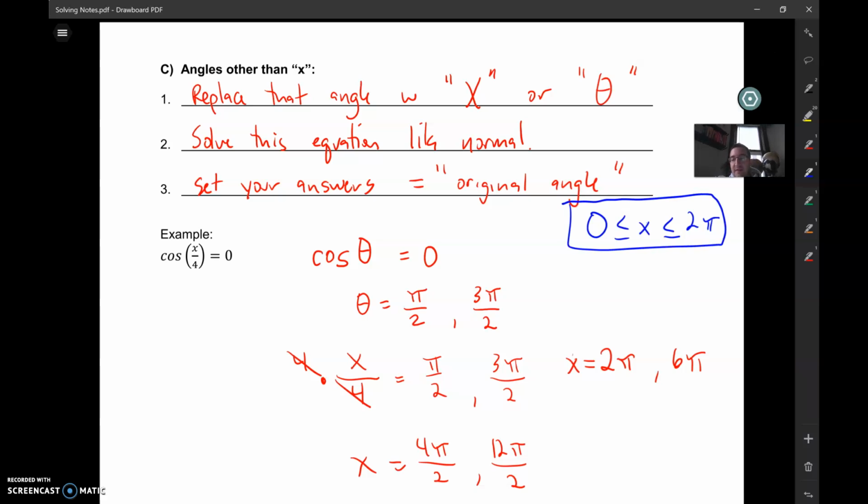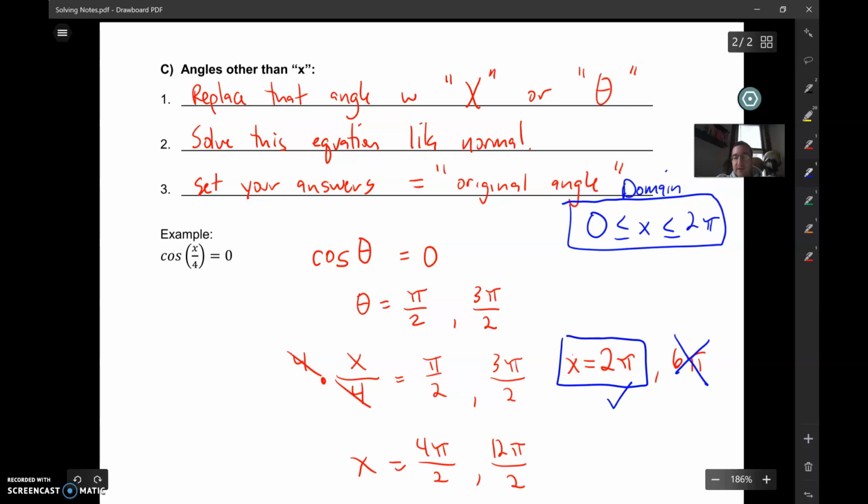So the fact that 6 pi is out of that range, out of that domain, I should say, this is our domain for all of our answers that we want to include. So you can see that this one works, but 6 pi is not included in that domain, so we're not going to count it. So actually the only answer that I would want you to put down for this equation is 2 pi.